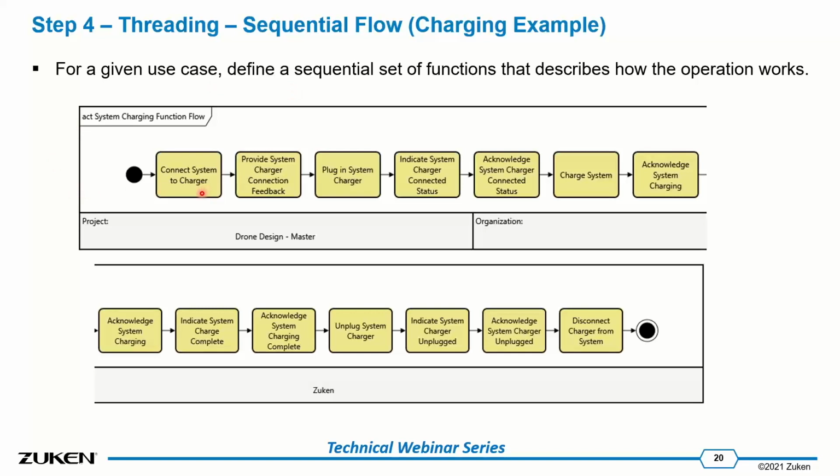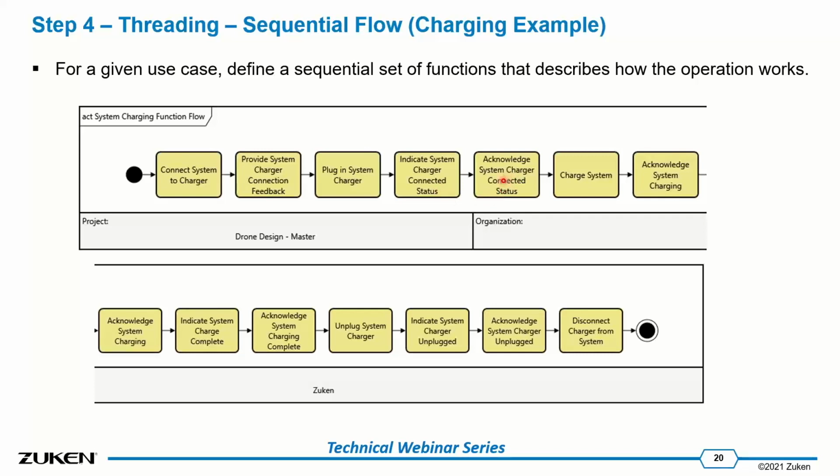Well, if I think about it, the user is going to plug the charger into the system. And then, well, I put this here for a specific reason, but okay, provide the feedback that it's been connected. And then I'm going to plug in the charger itself. When I do that, I'm going to get an indication, indicate system charger connected.